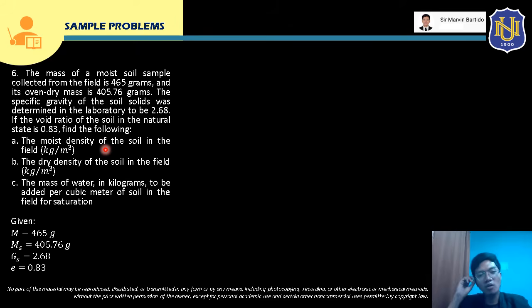So class, sa moist density, ano ba yung mga formula na pwede nating gamitin doon? Di ba meron tayong moist density in terms of water content at saka density? So kung yun yung gagamitin natin, kailangan natin ng water content. Now, in this case, pwede naman nating ma-solve yung water content kasi meron tayong total mass ng soil, tapos mass ng soil solid.